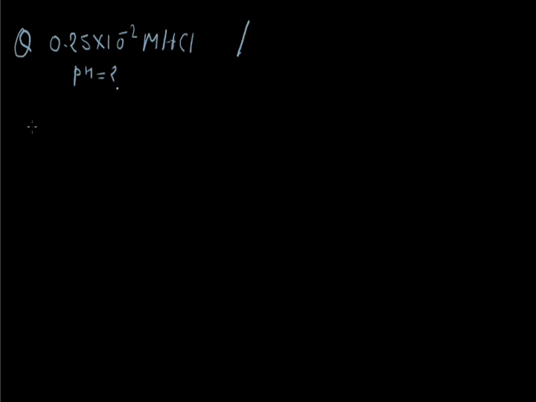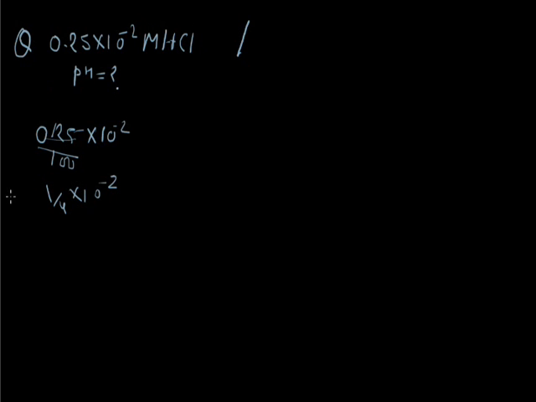See here. First try to change this figure into the simplest figure. 0.25 into 10 to the power minus 2 means what? Remove this point, put 100, it's 1 by 4. We can say that this is 1 by 4 into 10 to the power minus 2.